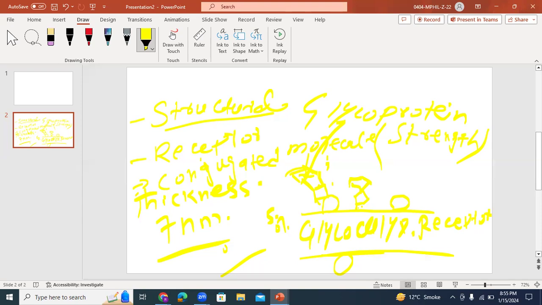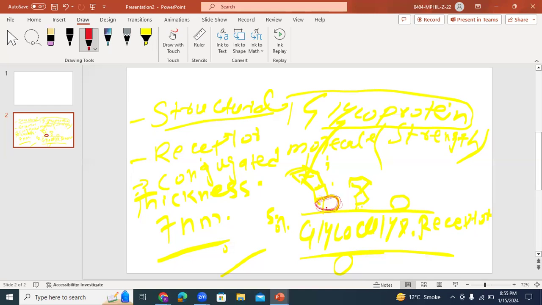We can use the word glyco for it. So they will ask you to differentiate between these structures and give their functions as well. Glycoprotein is also present here. For example, here is a protein structure, and on it there will be a structure that is glucose. A number of glucose molecules are present here.